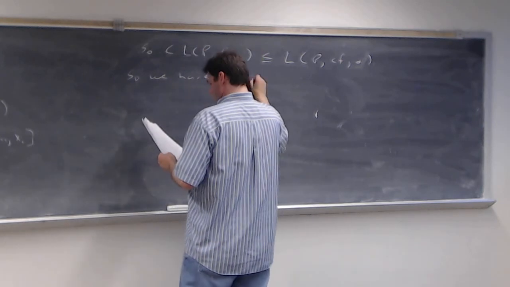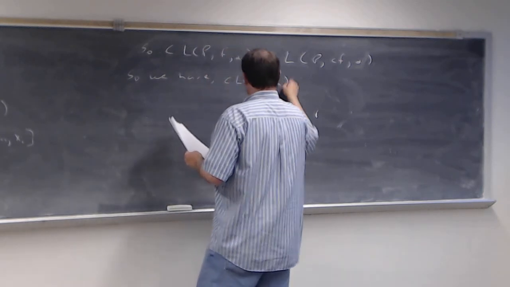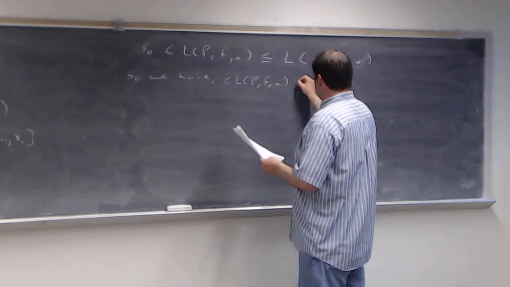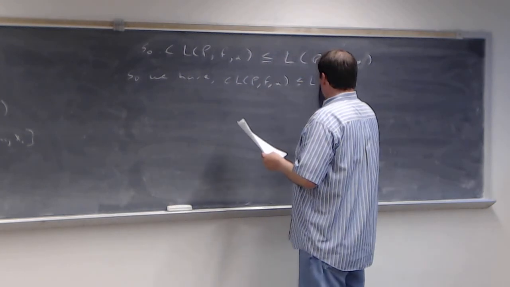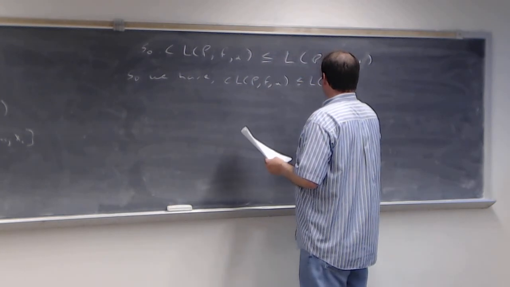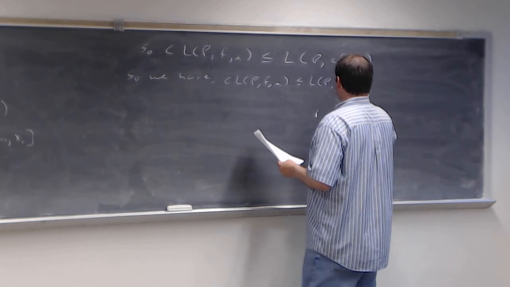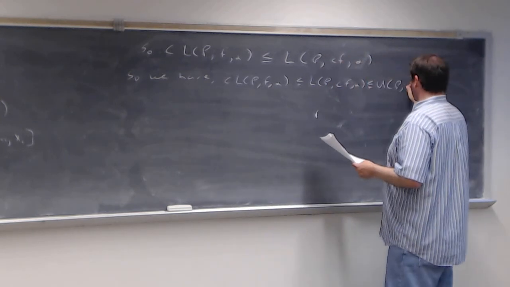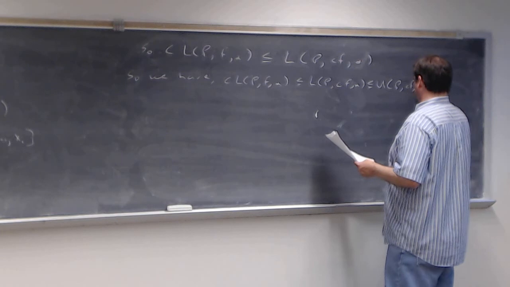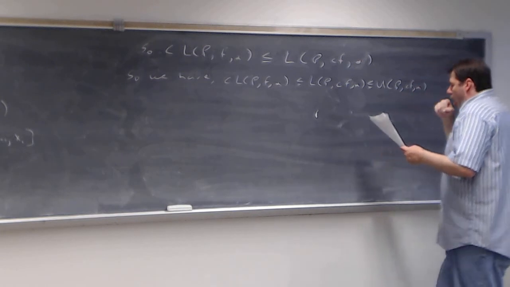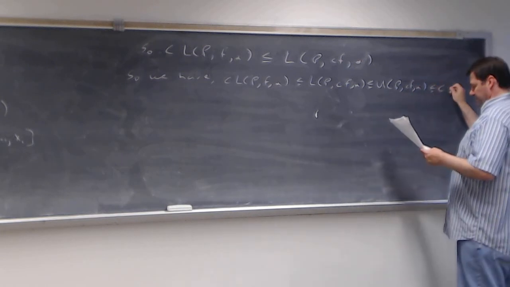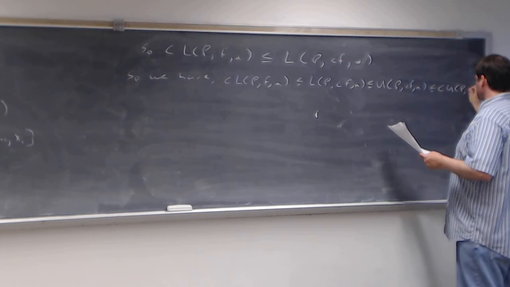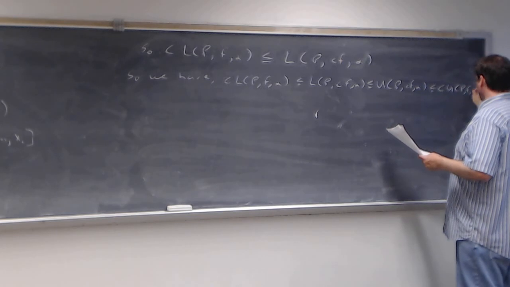It's C times the lower sum of f will be less than or equal to the lower sum of the partition with C times f, which is less than or equal to the upper sum with the partition of C times f, which is less than or equal to C times the upper sum of f with alpha.